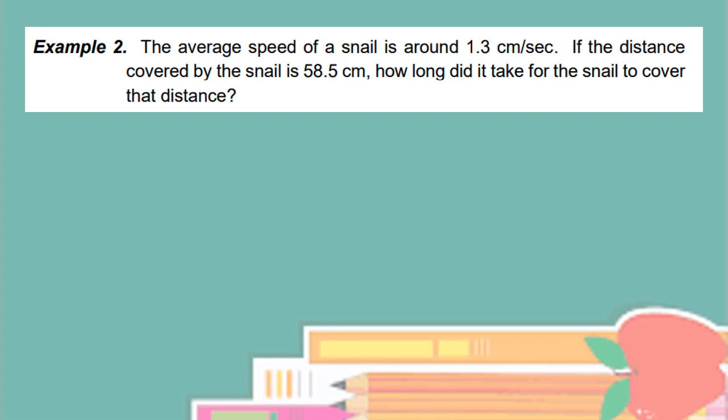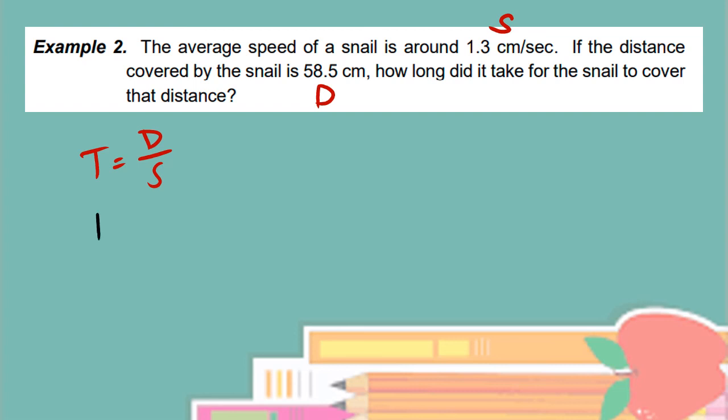we have an example. The average speed of a snail is around 1.3 centimeter per second. If the distance covered by a snail is 58.5 centimeter, how long did it take for the snail to cover that distance? So we have 1.3 as our speed and this is the distance that it needs to cover. So missing natin, syempre, yung time. And time is equal to distance over speed.